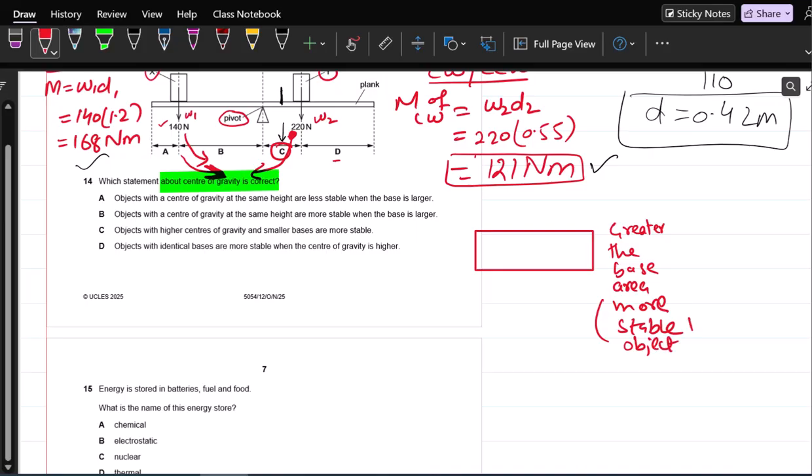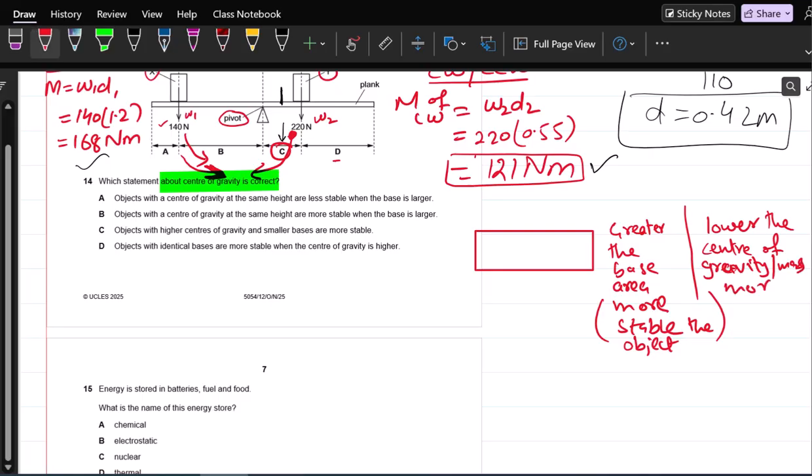And second, lower the center of mass or center of gravity, more stable will be the object. So see, is there any statement like this?